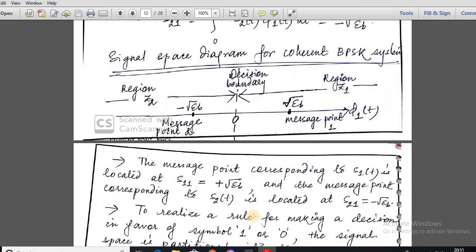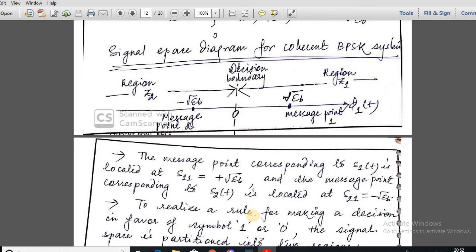Now coming to the signal space diagram. For a one-dimensional modulation technique, it is again easy and simple: one line, phi 1 of t, one dimension, and two message points, message point 0 and message point 1. Symbol 0 has magnitude minus root Eb, and symbol 1 has magnitude plus root Eb. For the decision boundary, I will draw the boundary exactly midway between the two points.